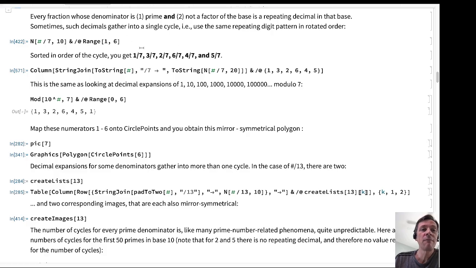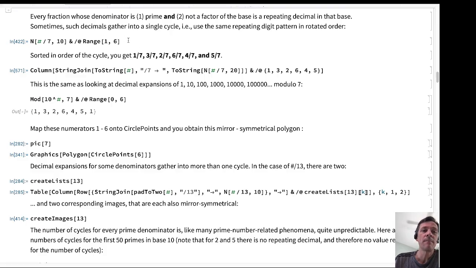Okay, every fraction whose denominator is prime and is not a factor of the base that we're working in is a repeating decimal in that base. Sometimes such decimals gather into a single cycle, i.e. they use the same repeating digit pattern but in a rotated order.